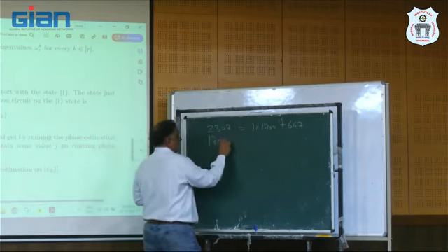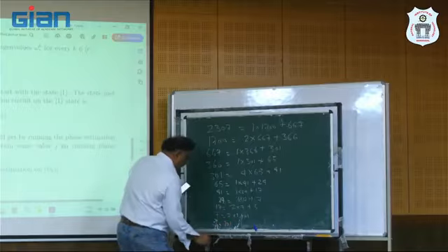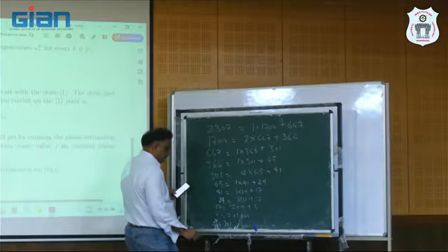Then 3 equal to 3 into 1 plus 0. Correct? What is the GCD? 3. You see this? Correct? Euclid's algorithm.